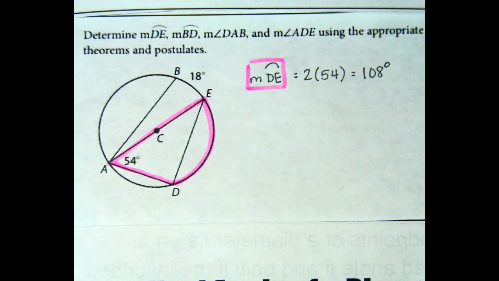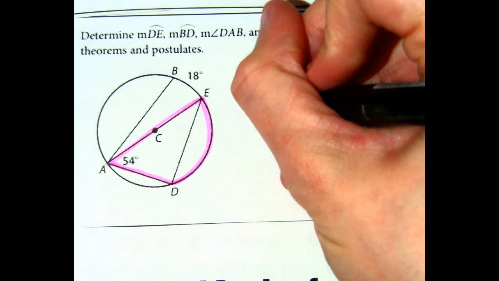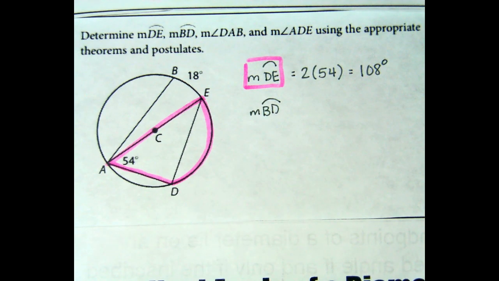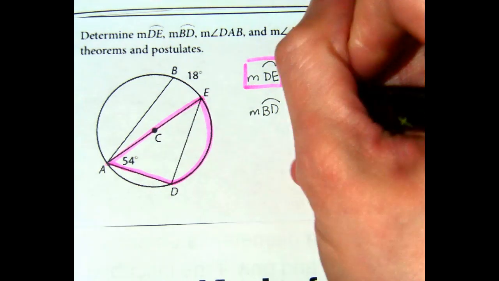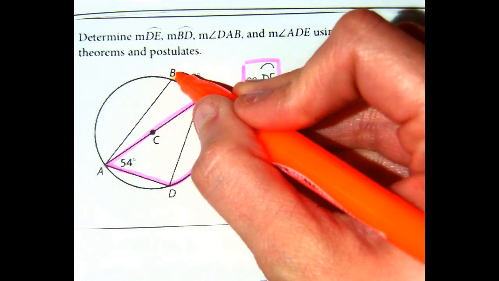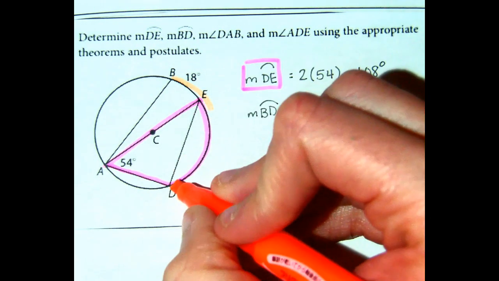Alright, next I need to find arc BD. Since there are only 2 letters, it is the minor arc, so it's less than 180. Here's BD.